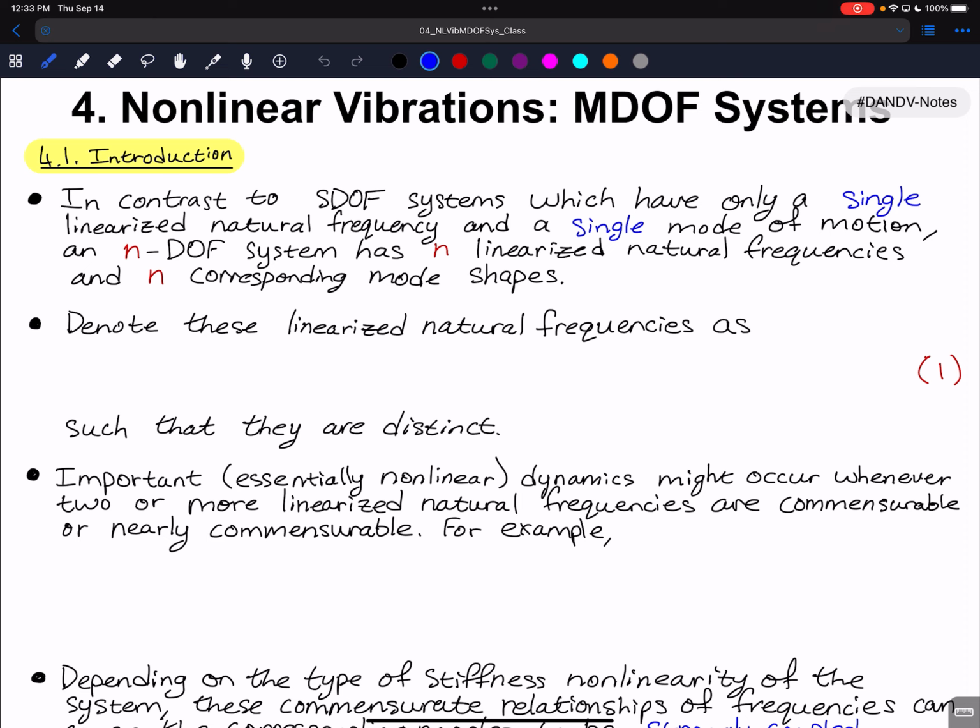As we go through this chapter and the next chapter, we will actually show this. There are cases where for a single frequency or a single modal assumption, you can end up with multiple modes, and so the number of modes is not equal to the number of degrees of freedom. We'll show that explicitly in the next chapter.